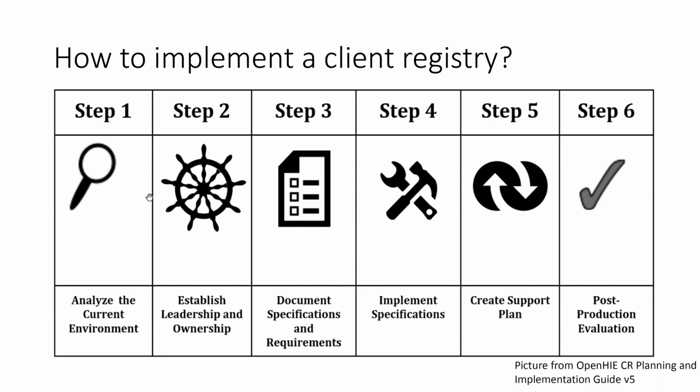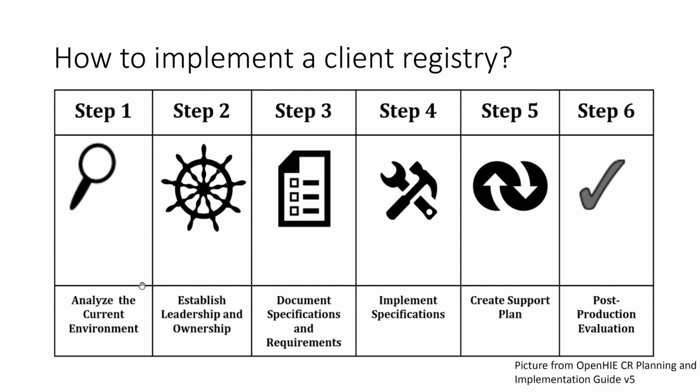Okay, so next would be on how to implement a client registry. We have some steps that we can follow based on the OHIE. This guide is broken into the following steps. Step one would be analyzing the current environment. So what should we take into consideration when we want to make our own client registry?